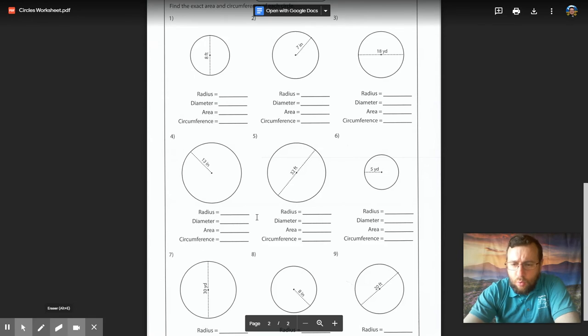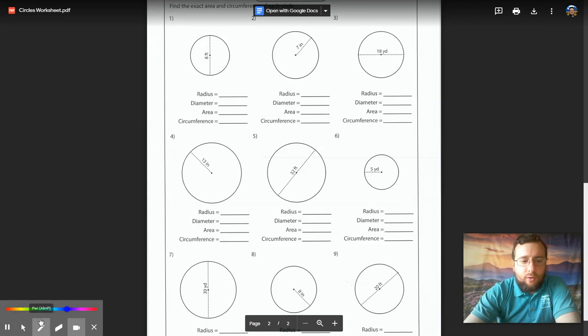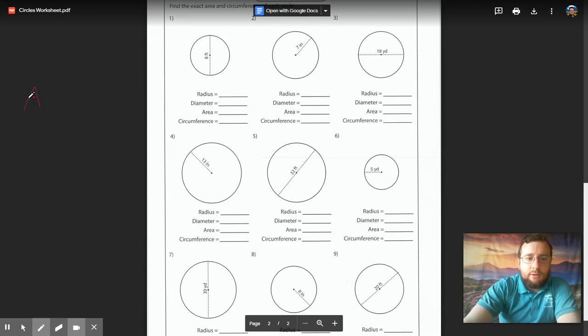Now, one thing that always helps you do these problems is remembering the formulas that you're going to need for this. For area, you're going to use radius times pi. So you need radius for the area. And then for the circumference, you can use diameter times pi. So you need diameter for circumference, right?